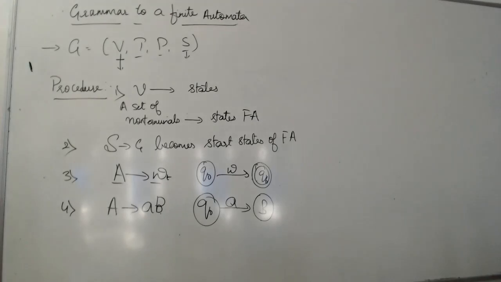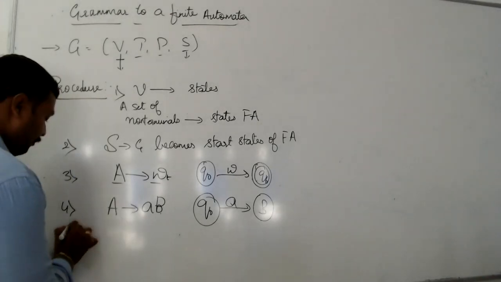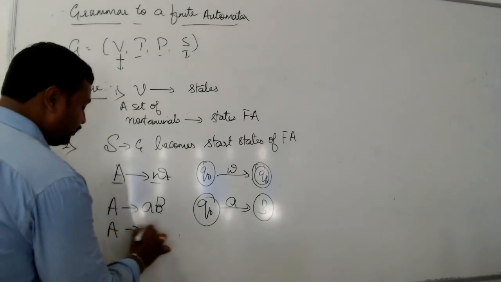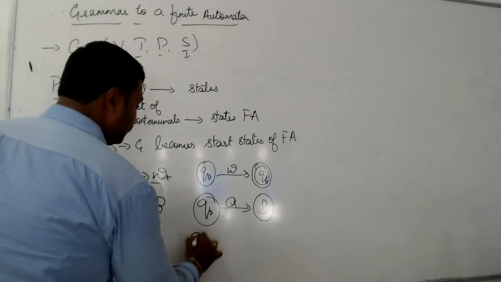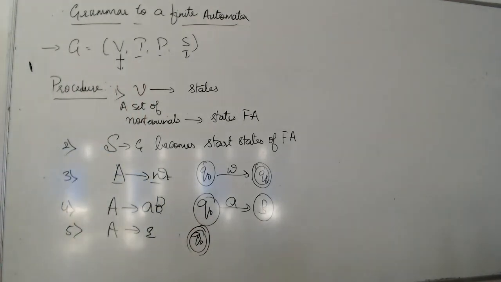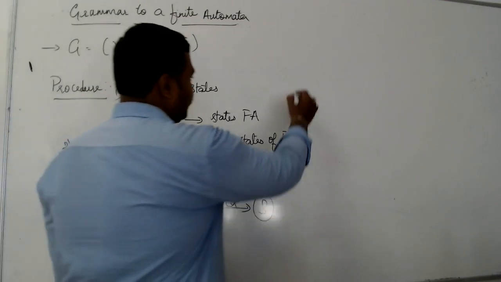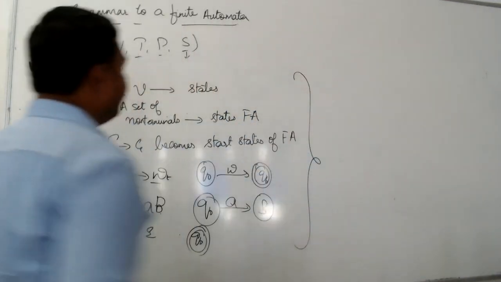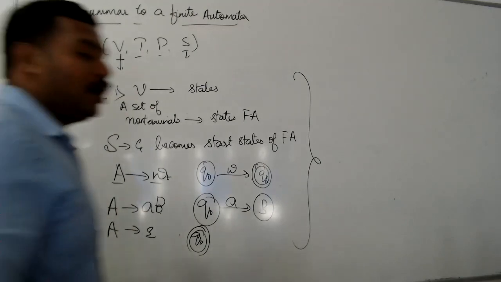Analyze these things. If any production is in the form A tends to epsilon, then the state itself will be your final state. Clear with this? This is the procedure to convert your given grammar into a finite automata.